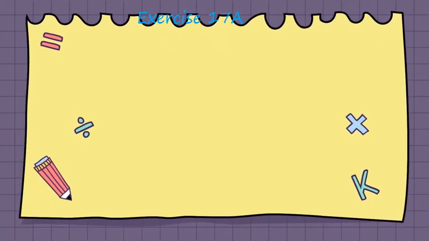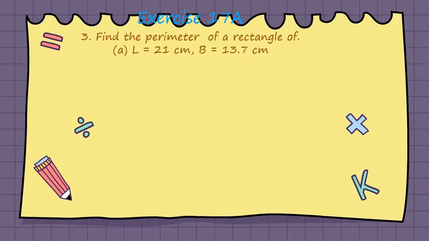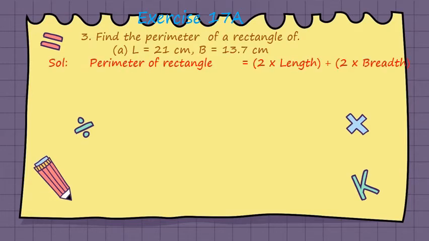So now children, let's come to question number 3. Find the perimeter of a rectangle of length 21 centimeter and breadth 13.7 centimeter. So children, we know that perimeter of a rectangle is equal to 2 multiplied by length plus 2 multiplied by breadth. Therefore, we will put the value of length and breadth.